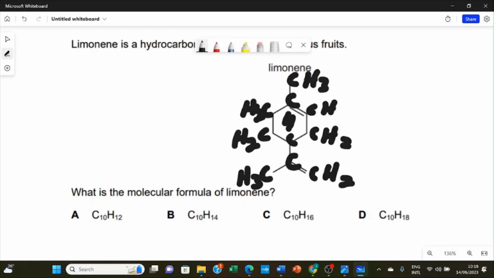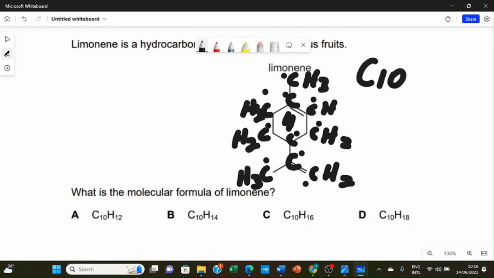So all we have to do is to count the number of carbon and the number of hydrogen atoms. You can see it's a hydrocarbon, it contains carbon and hydrogen only. So we have 1, 2, 3, 4, 5, 6, 7, 8, 9, and what? 10. We have 10 carbon atoms. So it is C10.